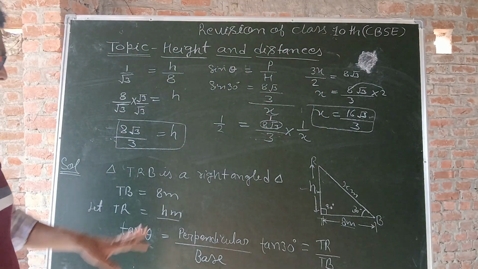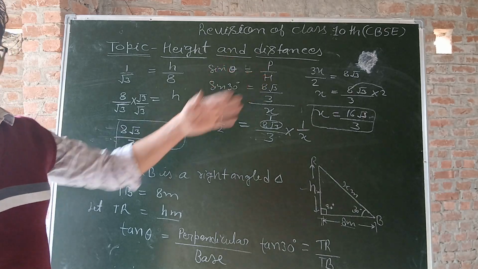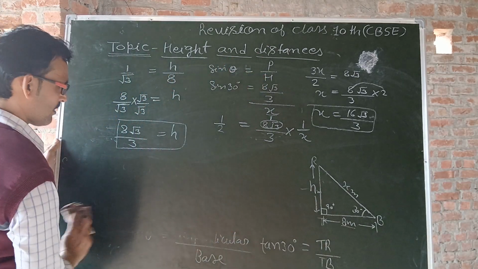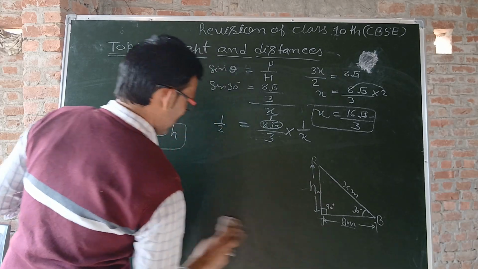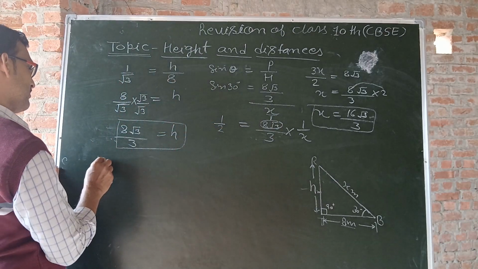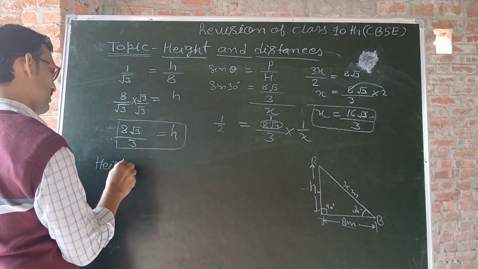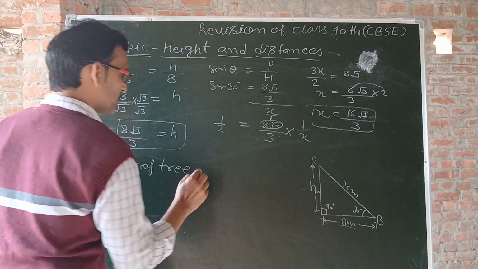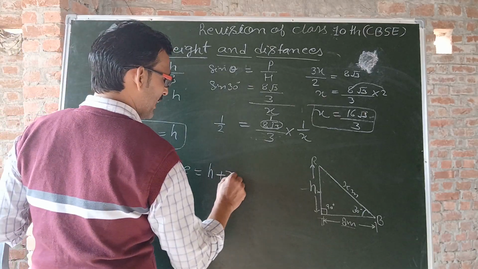So now we have to find the height of the tree. Height of the tree equals h plus x.